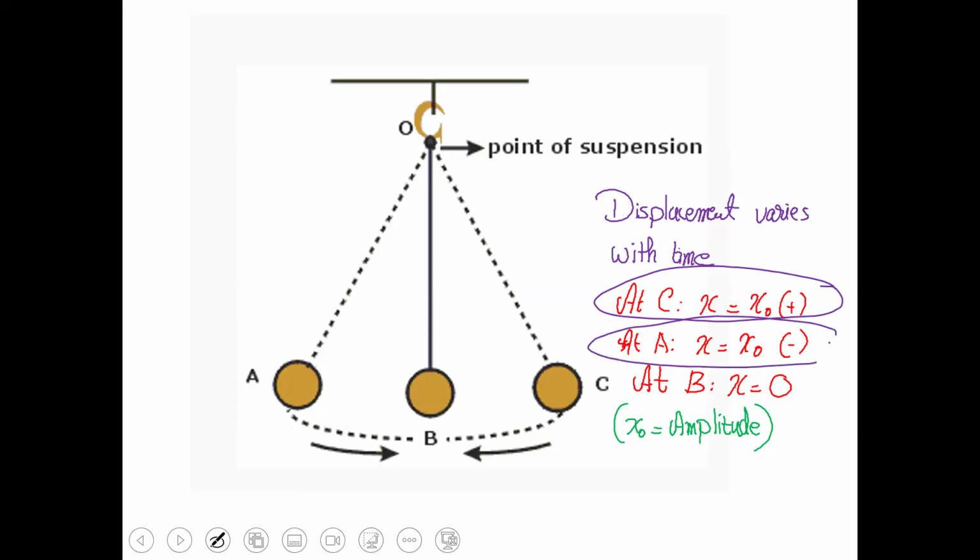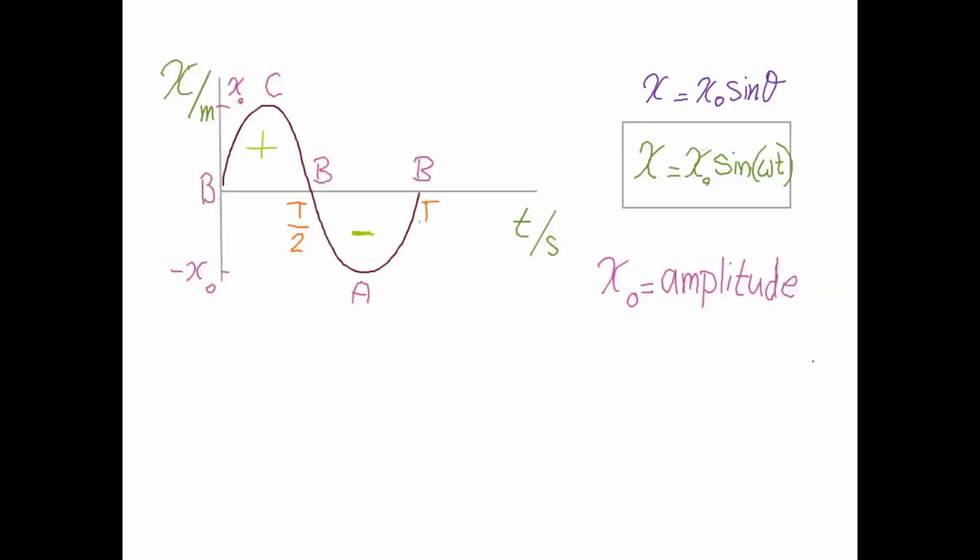At the other extreme position, displacement is negative maximum. At the mean position, displacement is zero. And x is equal to x naught sine omega t.